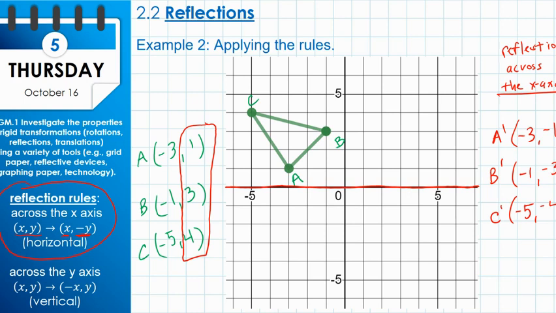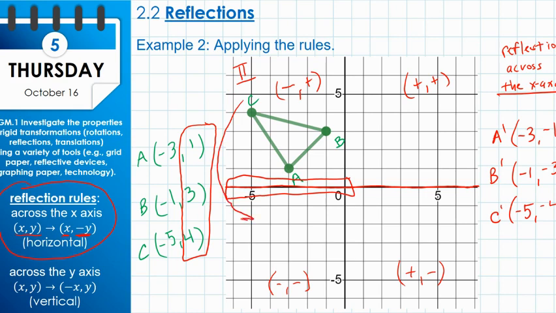If we remember yesterday, quadrant 1, the coordinates are positive, positive. Quadrant 2 is negative, positive. Quadrant 3 is negative, negative. Quadrant 4 is positive, negative. If we're reflecting from quadrant 2 across this line, we're going from quadrant 2 to quadrant 3.